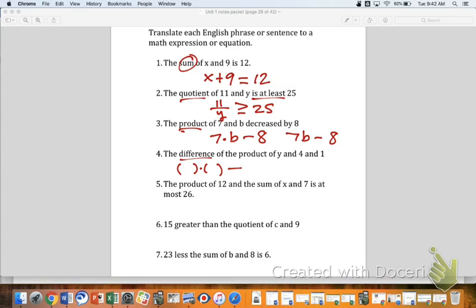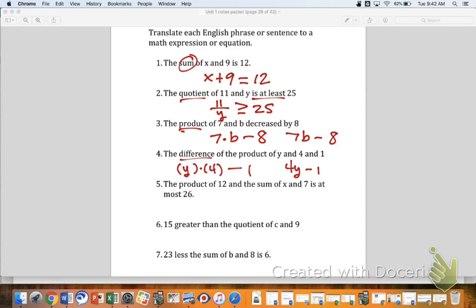Listen carefully, this is the difference of a product and something else, right? So we're going to be subtracting a product minus whatever. So the product is y times 4. You could just write 4y if you wanted to. And we are going to find the difference between that product and 1. So this would be 4y minus 1, or y times 4 minus 1, same thing.